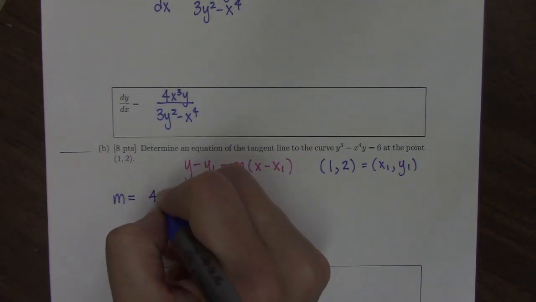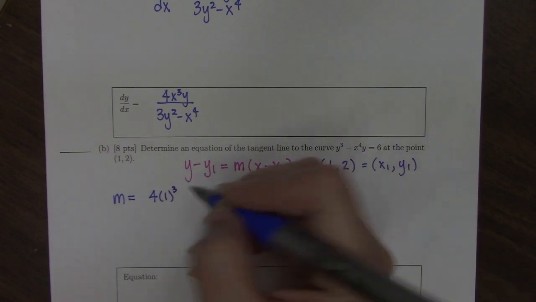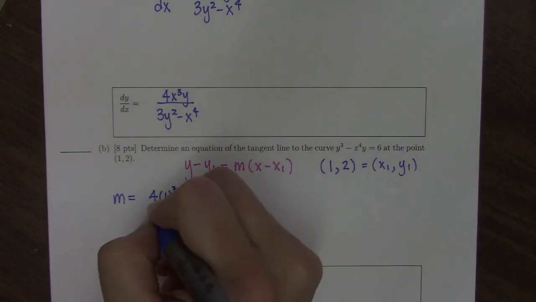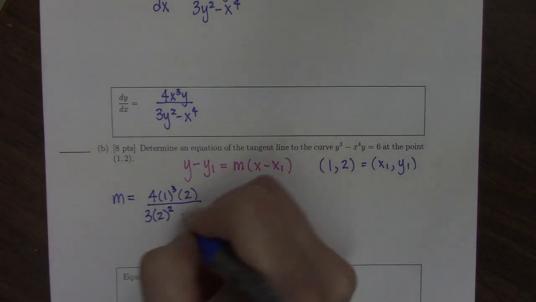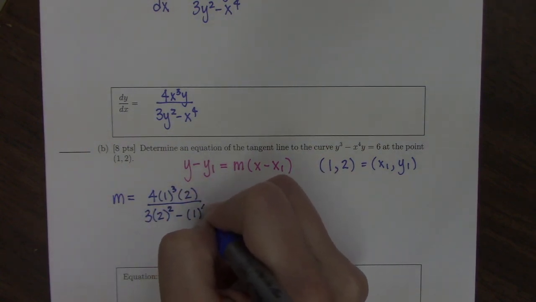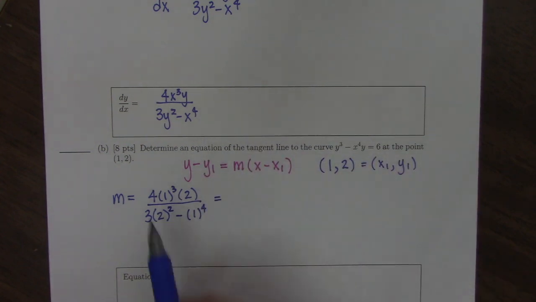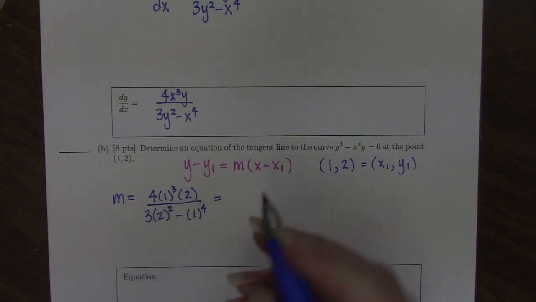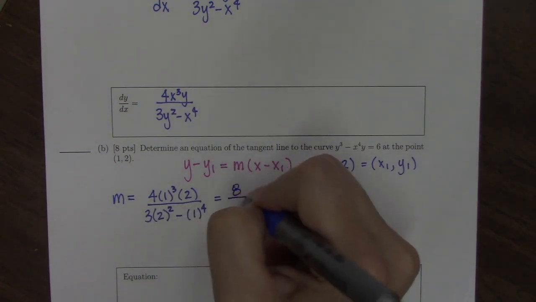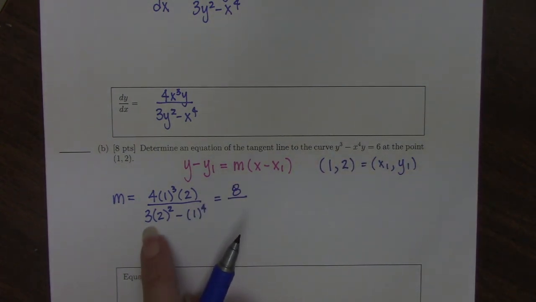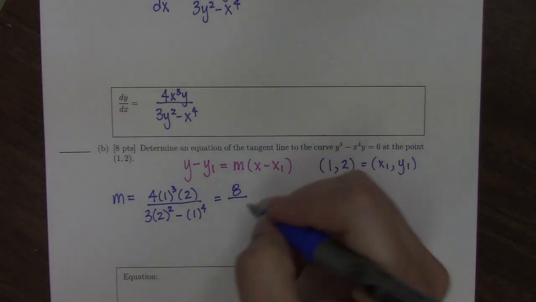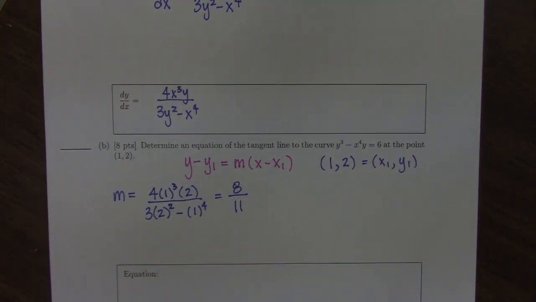So x is 1, so I have 4 times 1 cubed times y, which is 2, over 3 times 2 squared minus 1 to the fourth. In the numerator, I simply get 4 times 2, which is 8. In the denominator, I get 3 times 4, which is 12, and 12 minus 1, which is 11. So there is my slope.